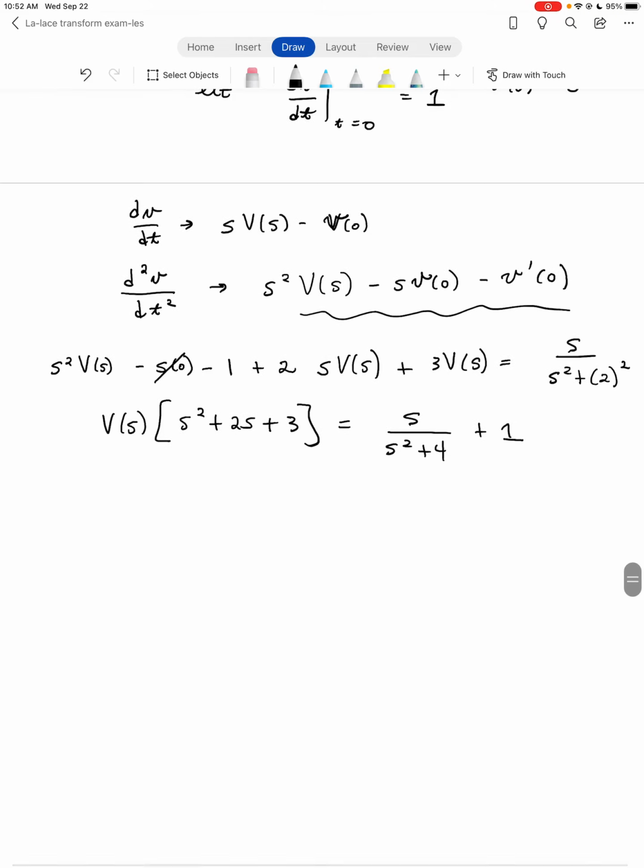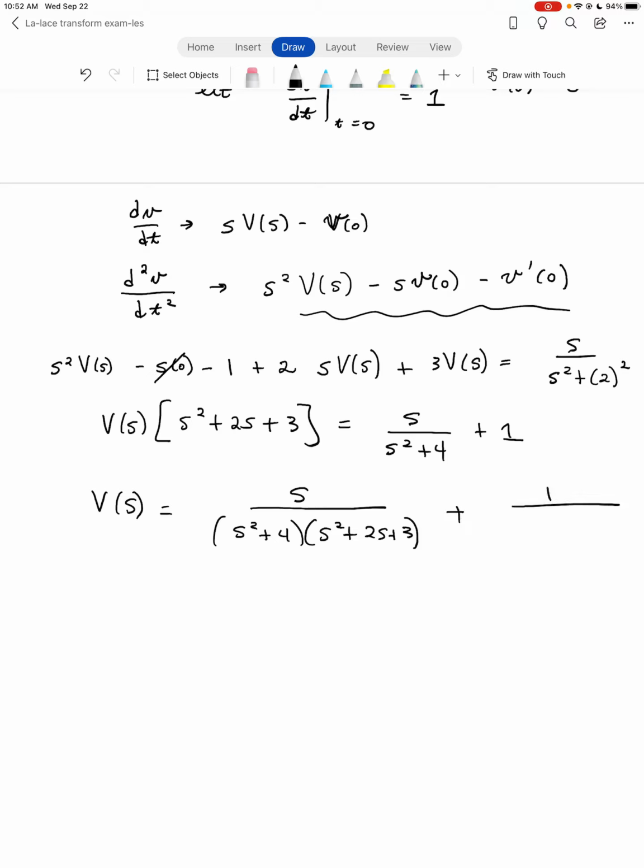To get V(s), we just divide both sides by the polynomial multiplying V(s). So we'll have s over (s squared plus 4) times (s squared plus 2s plus 3), plus 1 over s squared plus 2s plus 3.